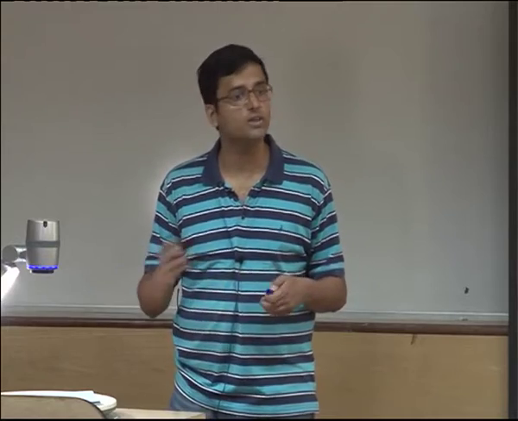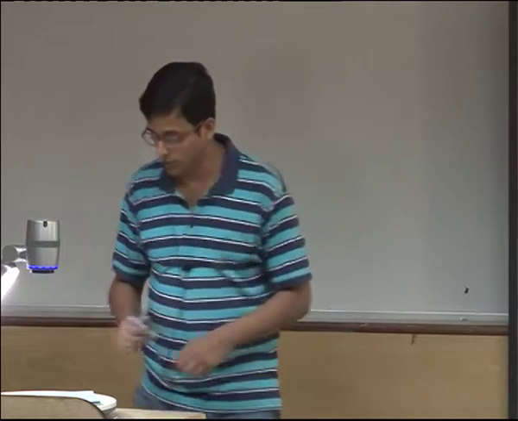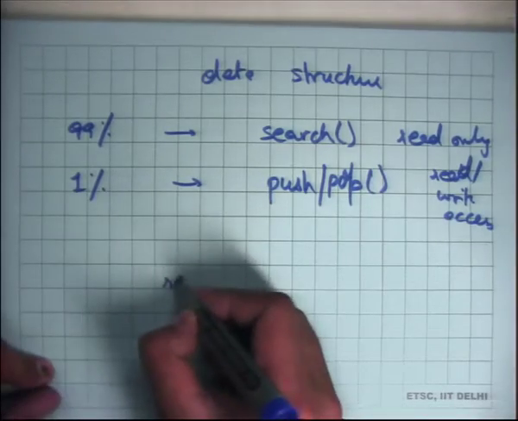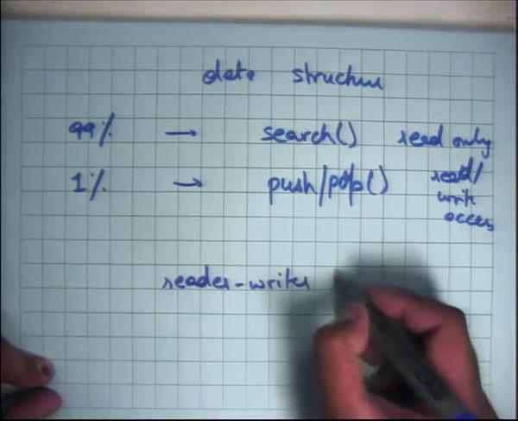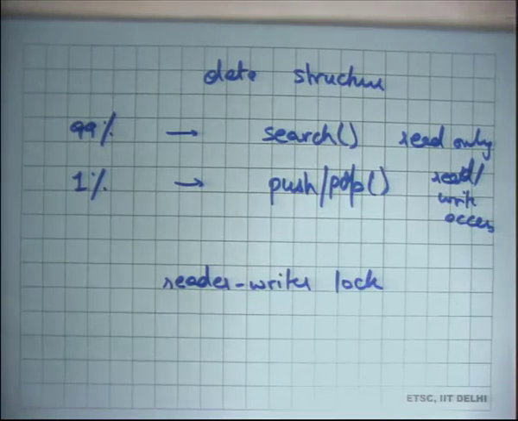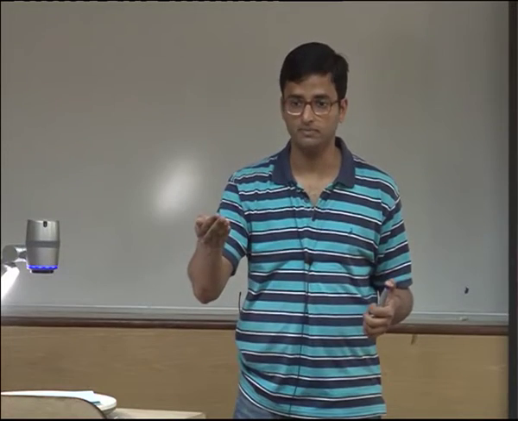However, you need to make sure that search is properly synchronized with write operations like push and pop, and one way to do that is to have a reader writer lock. If you have a reader writer lock, then each time you call search, you have to set the state of the reader writer lock to locked, and that becomes a write operation.